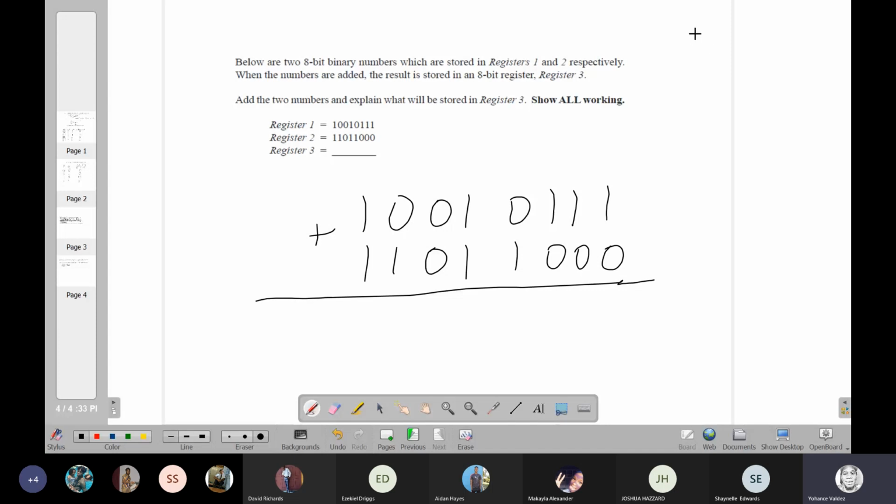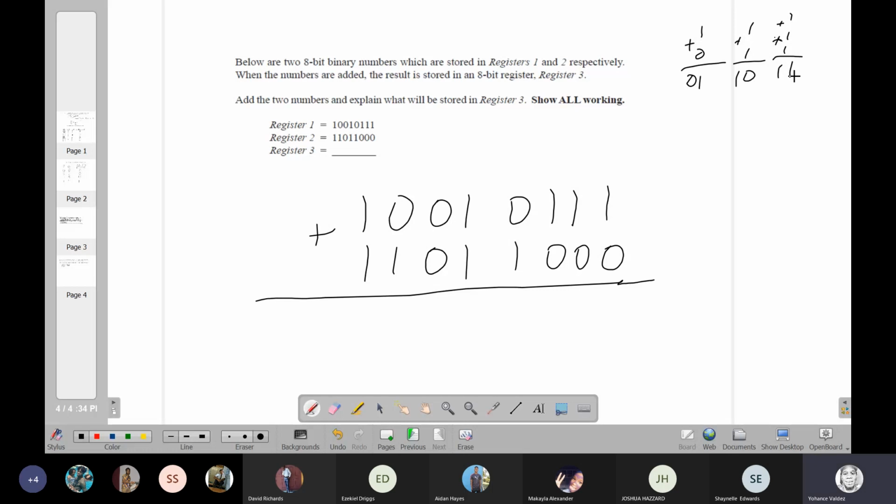We remember that of course 1 plus 0 is 0 1, 1 plus 1 is 1 0, and 1 plus 1 plus 1 is going to be 1 1. So 1 plus 1 plus 1 is 1 1.